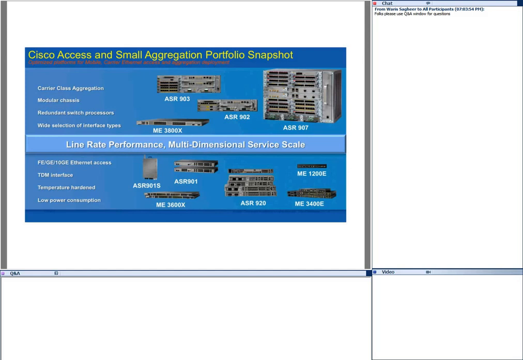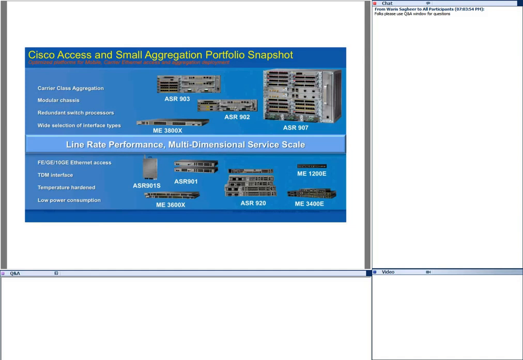And in the aggregation space, it's more of pre-aggregation, we introduced the ASR903. The ASR903 is more of a modular chassis. So we have modular variants under ASR900, which we're going to talk about, and the ASR920 is more of fixed variants.